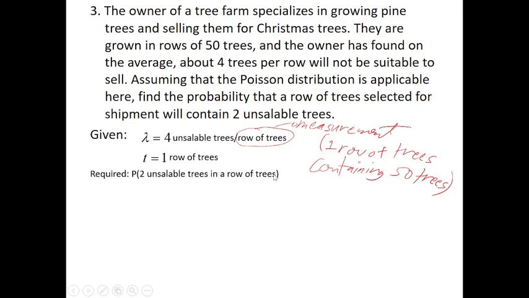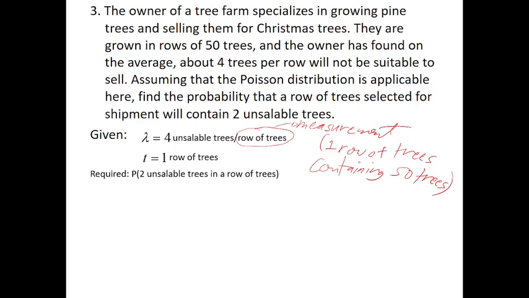Okay? Ano ang tsansa na dalawang puno na hindi mabebenta yung sa isang row ng trees na 50 lahat ng bilang? Ano yung probability na dalawa dun sa 50 na yon na nasa row, okay, ay hindi mabebenta?